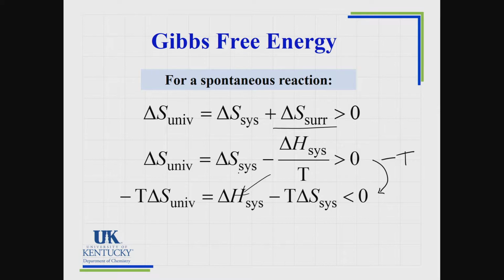And the delta S of the system got multiplied by a negative T. And when you multiply an inequality by a negative value, it changes the sign of that inequality.